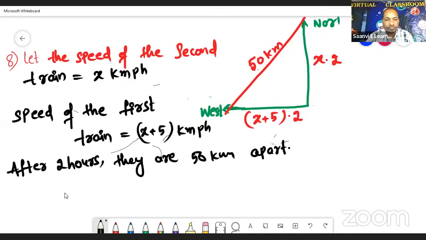Here, the distance formula you have to remember: distance is equal to speed into time.